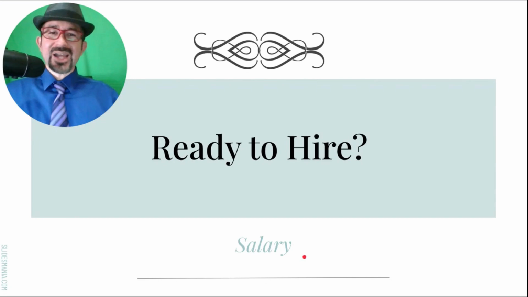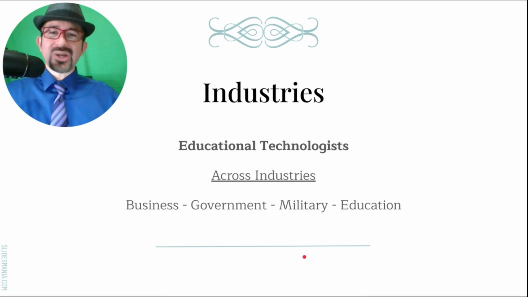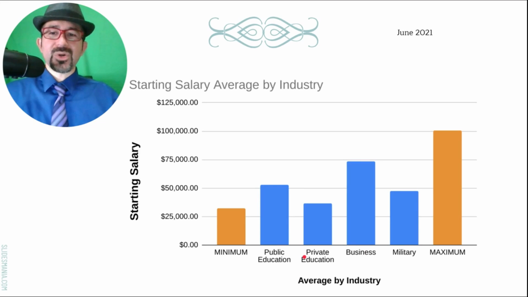So you're ready to hire, but you're not sure about the salary? Then let's talk about educational technology across different industries. This data will show you the starting salary in average by industry. This random sample was taken in July 2021 across some industries with some jobs available at that time.